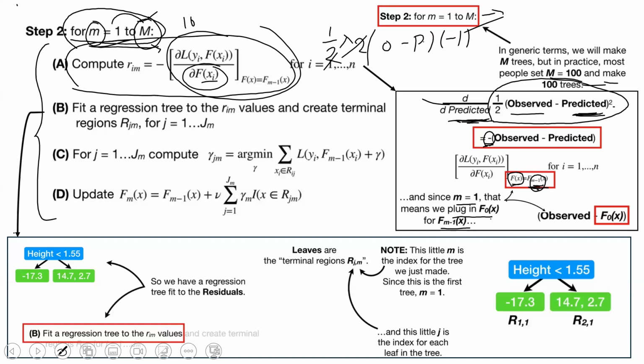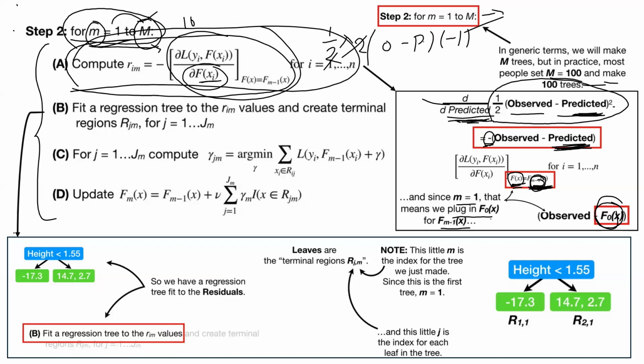So the predicted value, which is f of x, is nothing but the previous predicted value. Predicted is nothing but the f of x. So in place of this predicted f of x, we are replacing the previous tree's value, m minus 1. So we replace predicted with f naught of x. That is what this equation actually means.